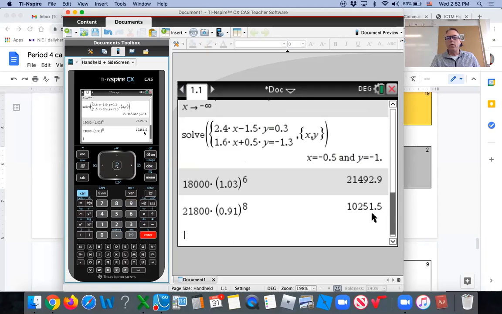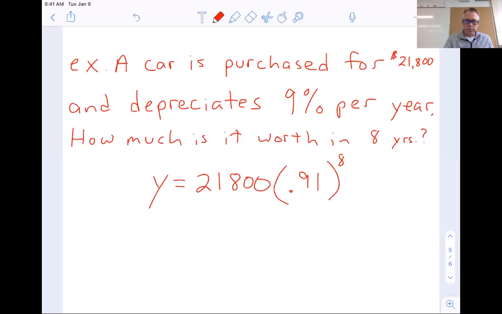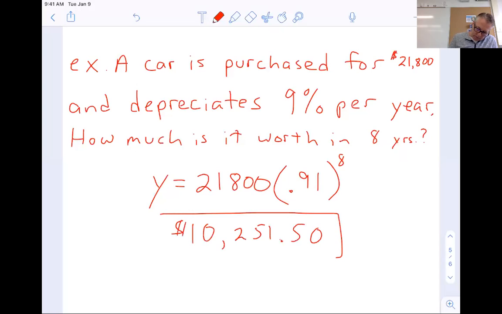So it's now worth $10,251.50. Okay, so don't write 0.5, write it as money. All right, so that was $10,251.50. So look at that. I mean, less than half of its value, right?